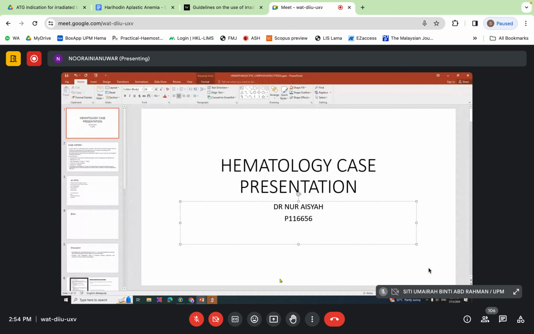Because the cytogenetics found is normal. I'm not sure whether they did some study on the C-MYC, isn't it? C-MYC as well as the BCL2, wasn't it? I saw the report.